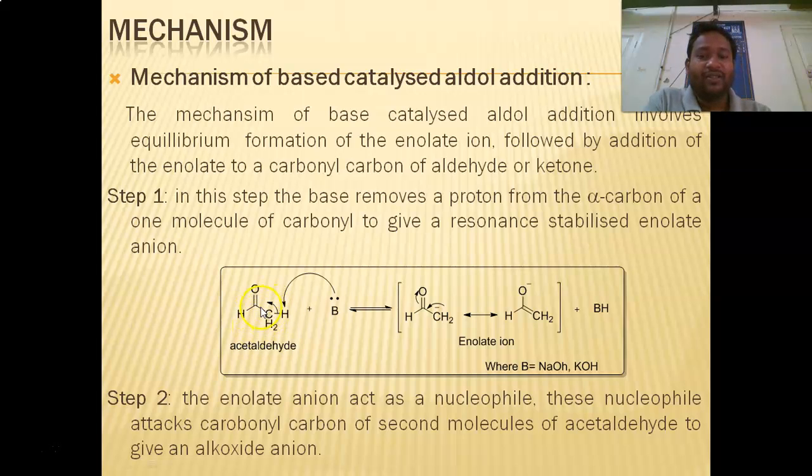The carbonyl group acts as an electron withdrawing group and withdraws electron density from the adjacent carbon. This carbon in turn pulls electron density from the hydrogen. Hydrogen is a very small atom, less electronegative than carbon, so the bond becomes very weak and the hydrogen is easily available. In presence of base, it abstracts the proton and forms the corresponding enolate.